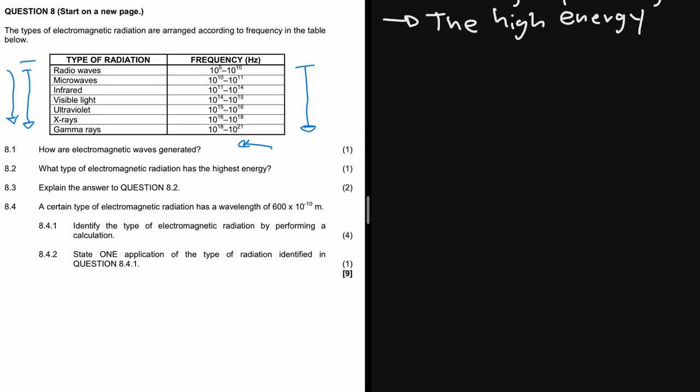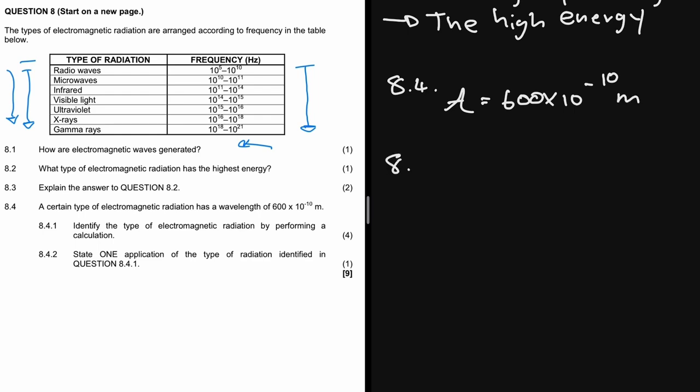The next question, which is question number 8, says that a certain type of electromagnetic radiation has a wavelength of 600 times 10 to the power of negative 10 meters. So we are given the wavelength as 600 times 10 to the power of negative 10 meters.